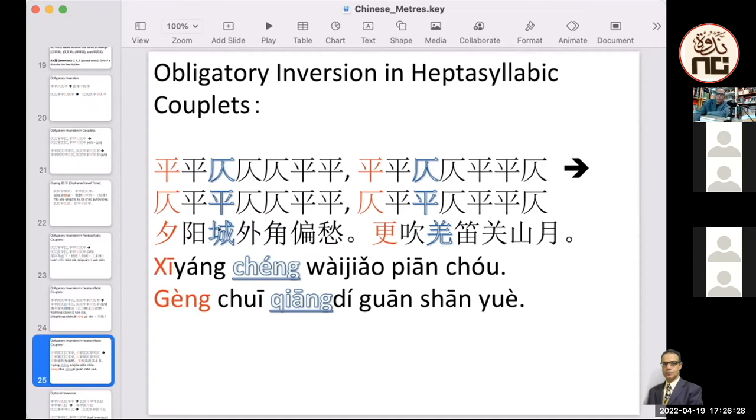But again, these are the rules, and we can see that the first one has not exactly changed. But what has changed is the third, chong, which is exactly ping. And if we go to the second line, it is tsu, which is changed.